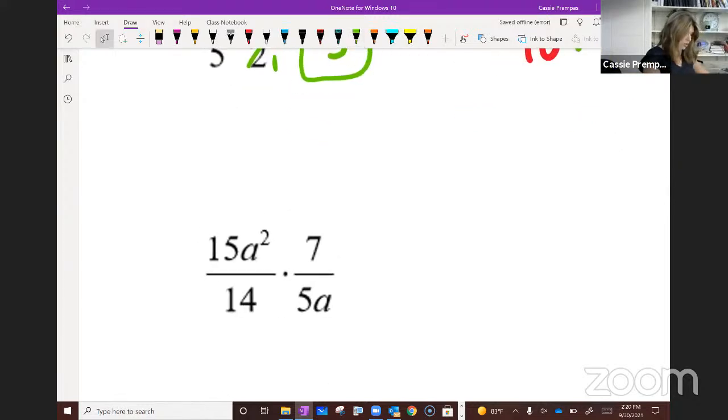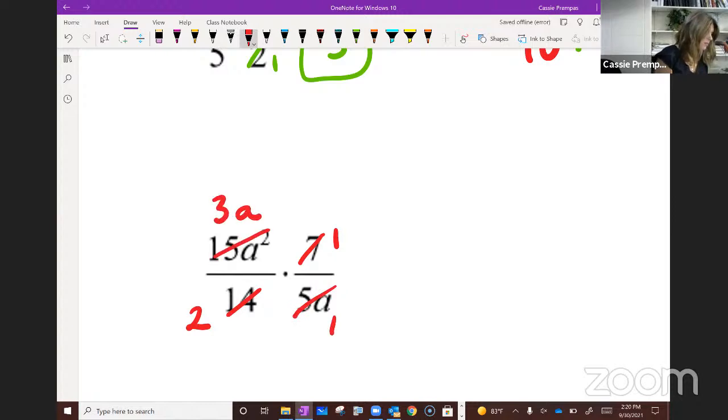Multiplying. Let's see if we can reduce what we have. So looking at the 7 and the 14. What goes? 2. Good, 2. 7 goes into itself 1 time, into 14 2 times. So if you want to look at it like that, yep, you could say 5a goes into itself 1 time, and it goes into 15a 3a times.